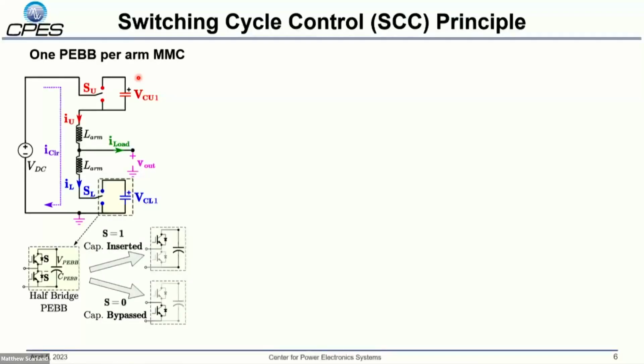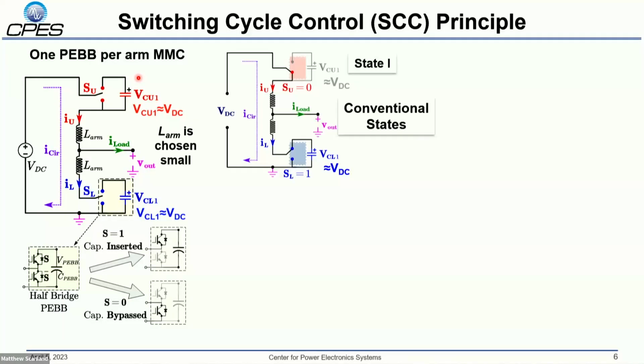And then you can either insert this cell or insert this capacitor, or bypass this capacitor, depending on your switching. As I mentioned, the voltage across the PEBB capacitor is balanced around VDC over N, where N is the number of submodules. In our case, N is 1, and that comes out to be VDC. And we choose very small arm inductors for SCC operation.